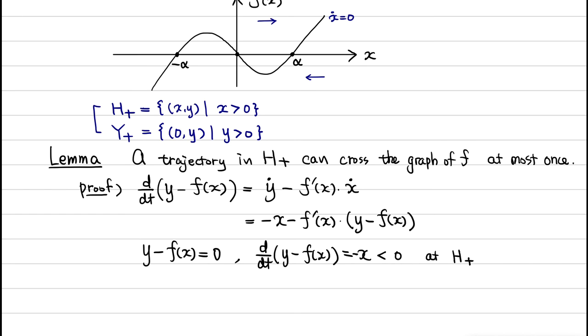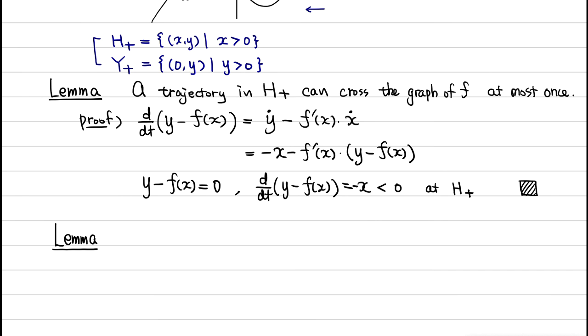Therefore, it means all through this curve in H plus, the motion is always from the upside to the bottom side, where y minus f of x goes from positive to negative. It never goes back in the other direction. So the motion is always crossing the graph of f from the upside to the bottom side, which means it can cross only once for any trajectory in H plus.